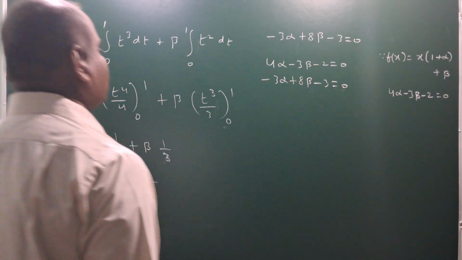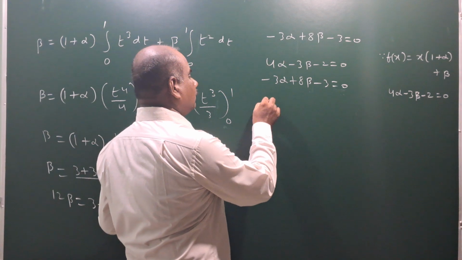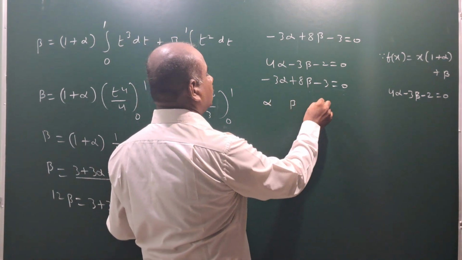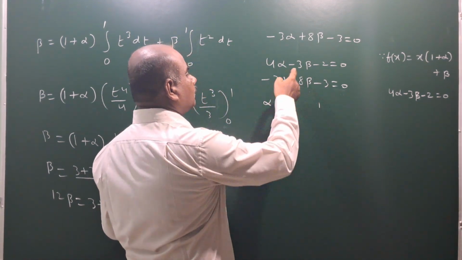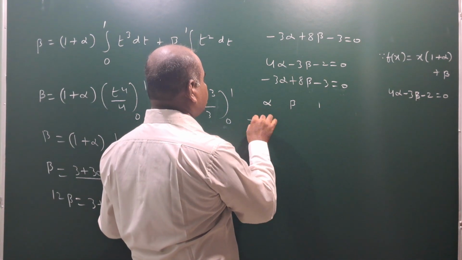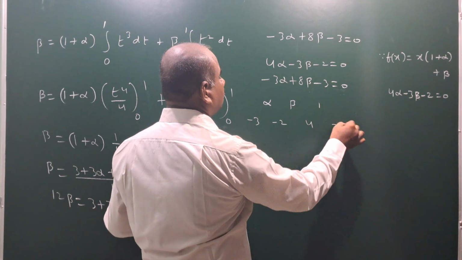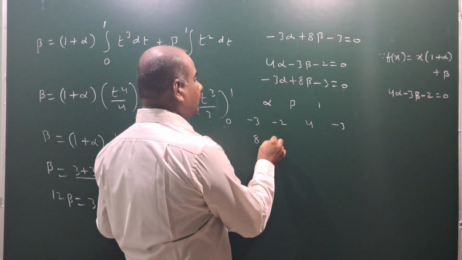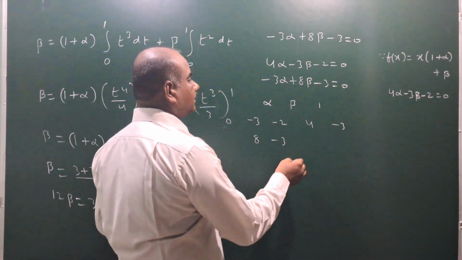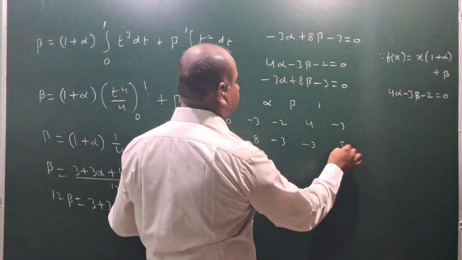Take the cross multiplication rule. Alpha, beta, 1, we write the coefficients like this: minus 3, minus 2, 4, minus 3, 8, minus 3, minus 3, 8.